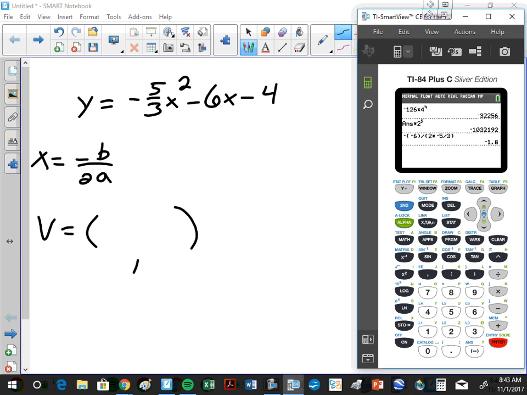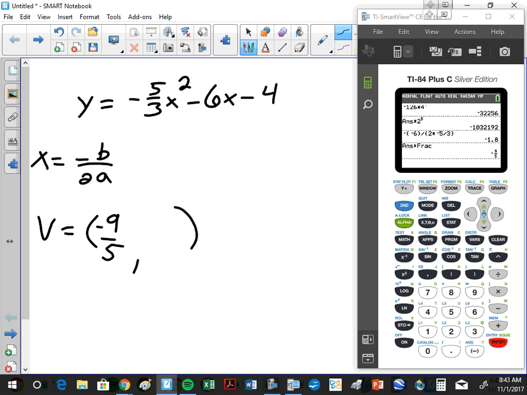And I get negative 1.8. And if you push math fractions, you're going to get negative 9/5. Is anybody confused how I plug that in? The opposite of b divided by parenthesis 2 times negative 5/3 gives us negative 9/5. So right here, negative 9/5. Wait a minute. Shouldn't that be? Oh, never mind. Nope, that's right. Okay.